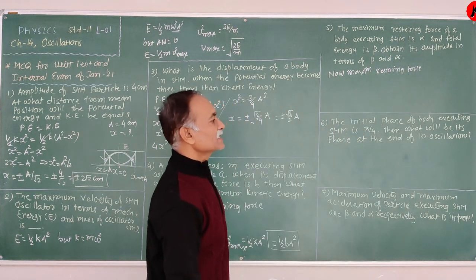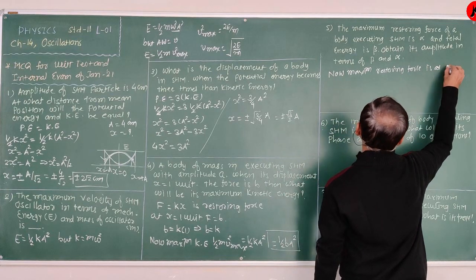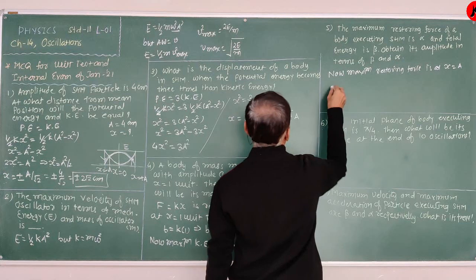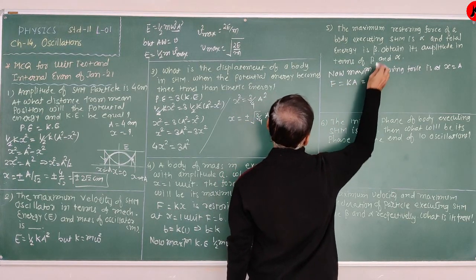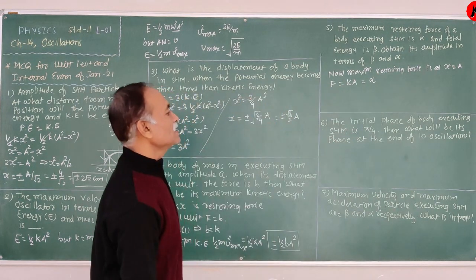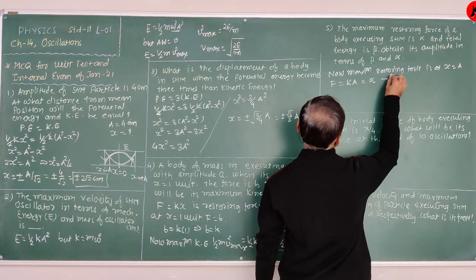Right? The maximum restoring force is at x is equal to A. Therefore, F is equal to kA, that is given as alpha. Therefore, alpha is equal to kA, that is equation 1.